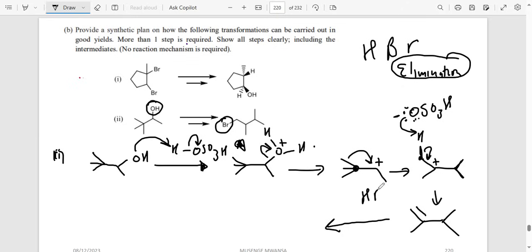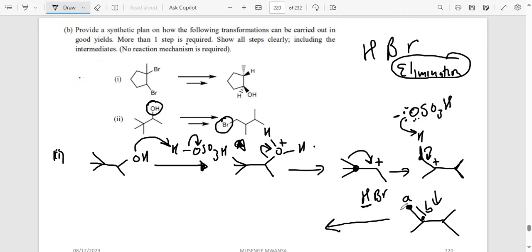But wait, we said that in the attachment of HBr, H is always supposed to attach where you have got a lot of hydrogens. Br is supposed to attach where there are few hydrogens. Look at this. This point, let me label it as A, and this point, let me label it as B. Which one has got a lot of hydrogens?